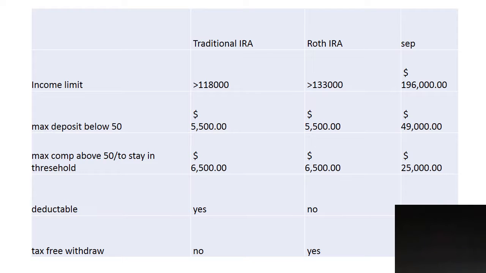As you can tell, the SEP IRA for business owners has the maximum allotted contributions, and even after 50, you can still contribute up to 25,000 a year. It's deductible year over year, the traditional and the SEP, and when you withdraw, though, there is no tax benefit, so you do have to pay taxes at the time of withdrawal, whenever that is.